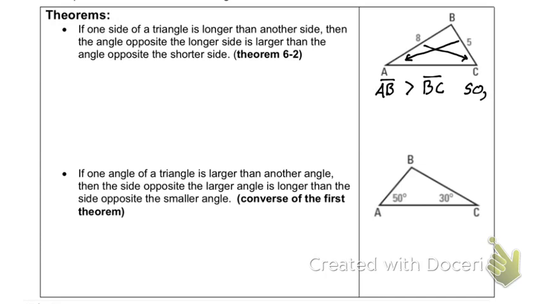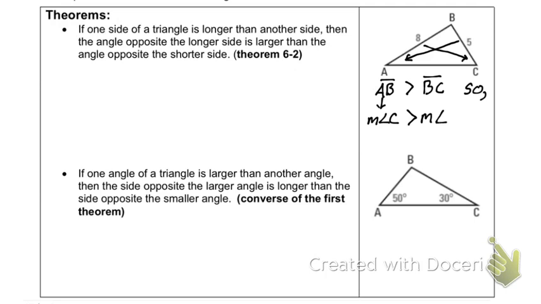In other words, since AB is bigger than BC, we can say definitely, without a doubt, the measure of angle C, because C is across from AB, is bigger than the measure of angle A.